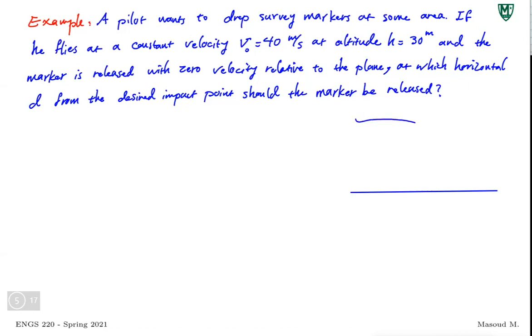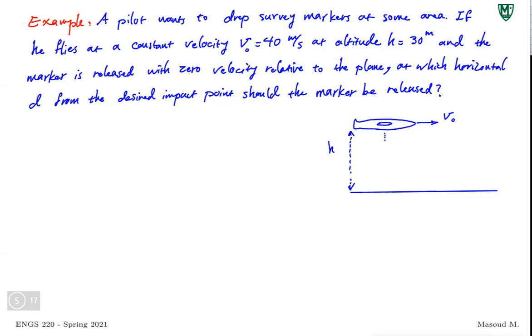I will do my best to draw something as close as possible to a plane. Let's say these are the wings. Yeah, best I can do. So this is going with the velocity v naught. This height is h.